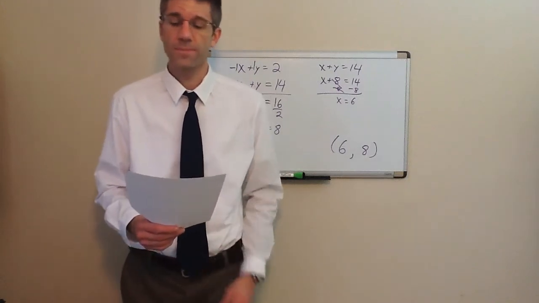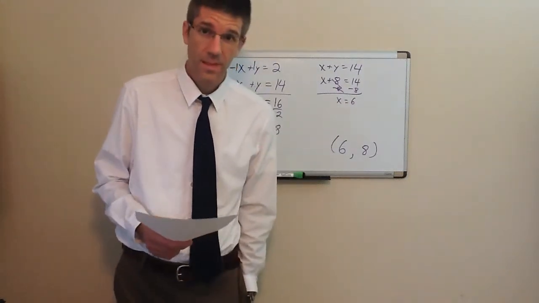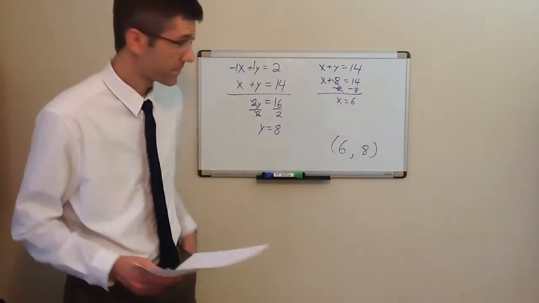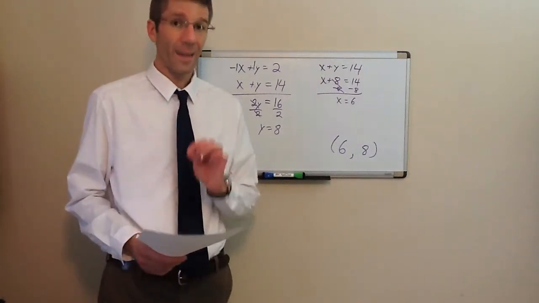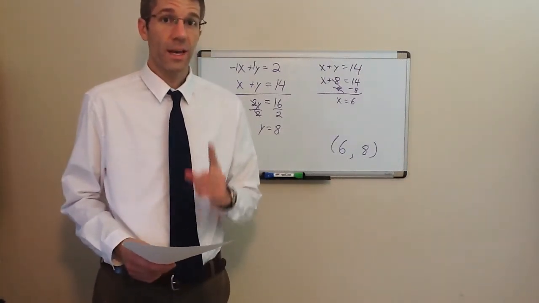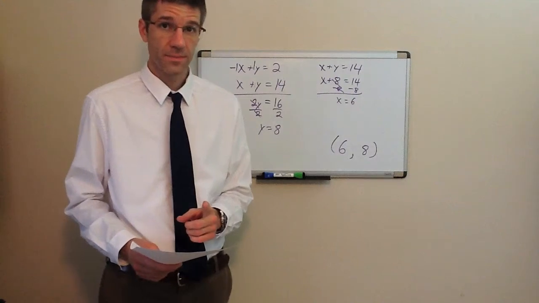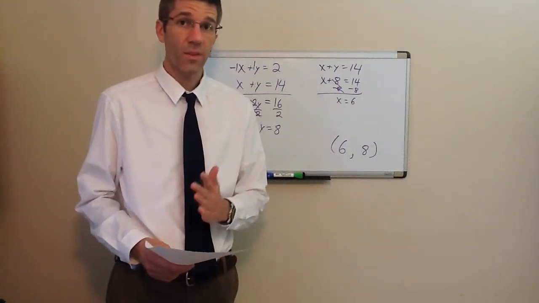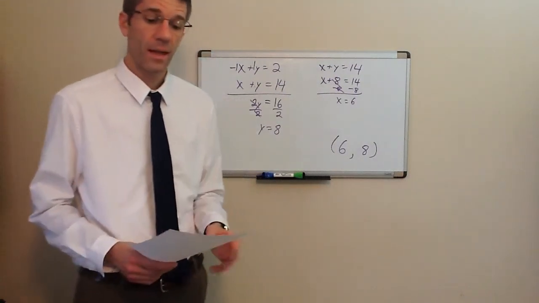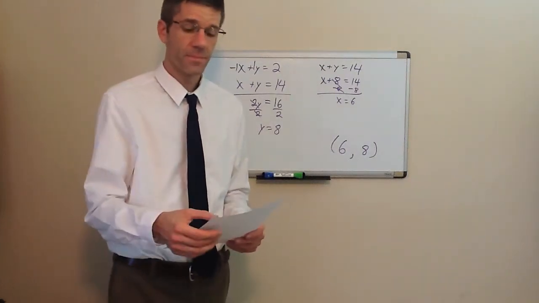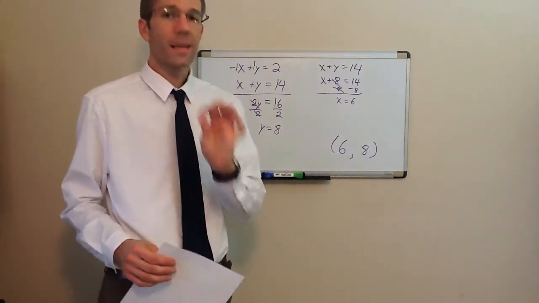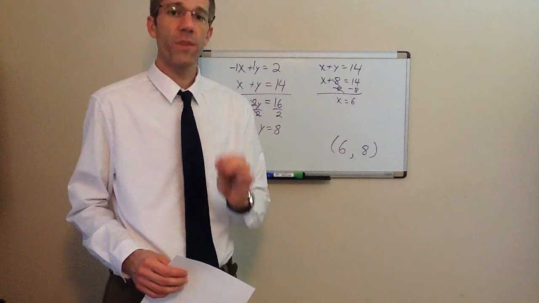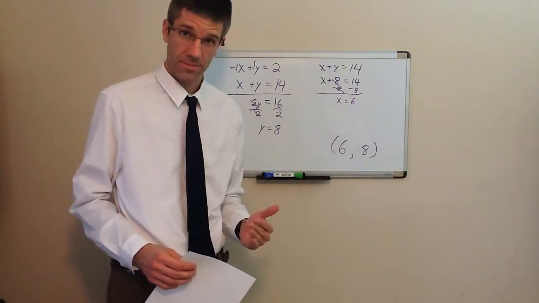Here's step number 1. Step number 1 is going to be to line up your x's and the y's on the same side of the equal marks and make it where one of the variables will cancel.